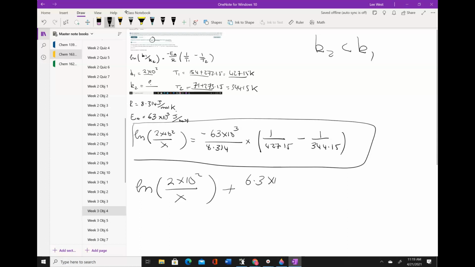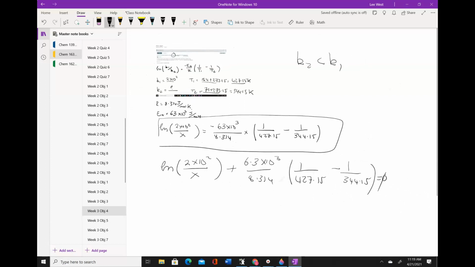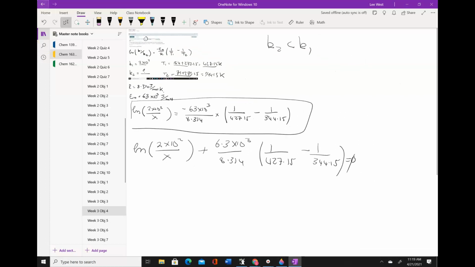So it's going to be this. And the only reason I'm doing that is because it's going to make this whole thing equal 0. And my reasoning for doing that is just because that's how my calculator works. There's not really any other major reason for that.